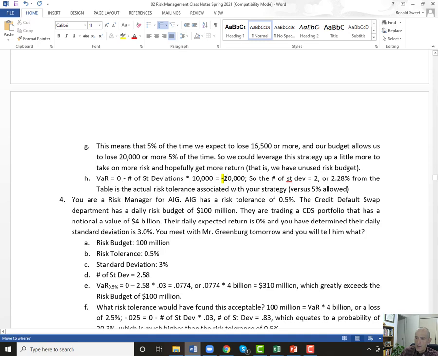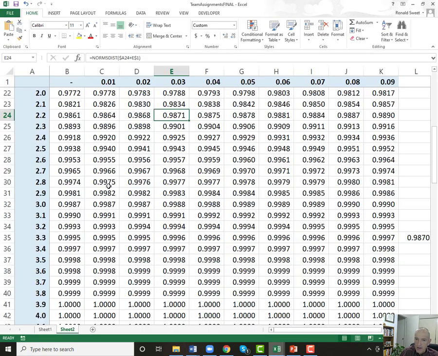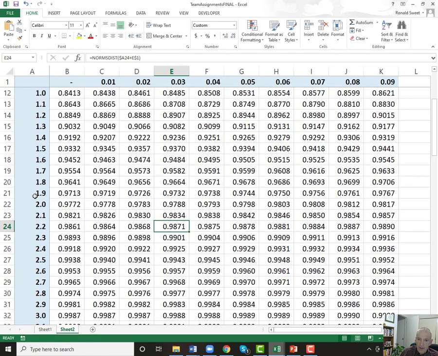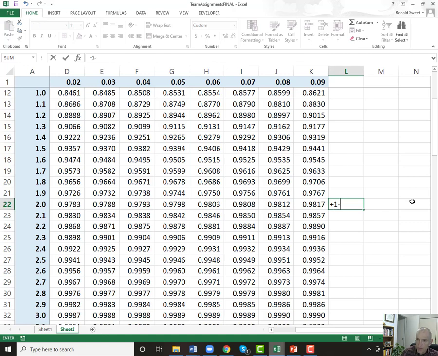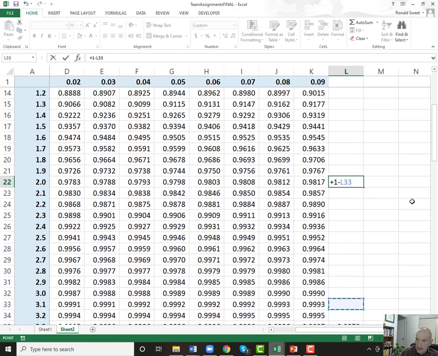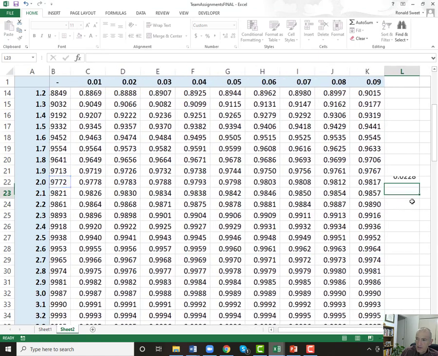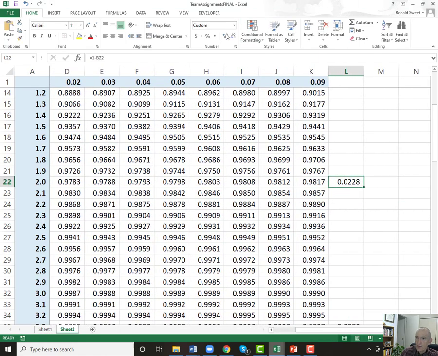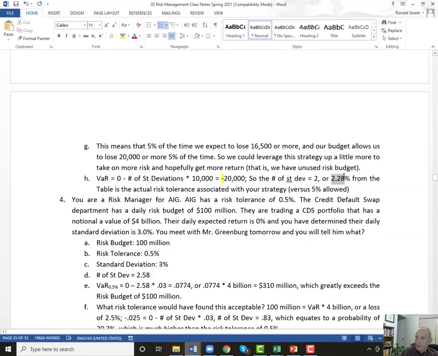So you have 20,000 divided by 10,000 gives you your number of standard deviations. That's 2. If you look in the table, a 2 sigma event, there it is. So you take 1 minus that 2 sigma event, and it gives you 2.28%.